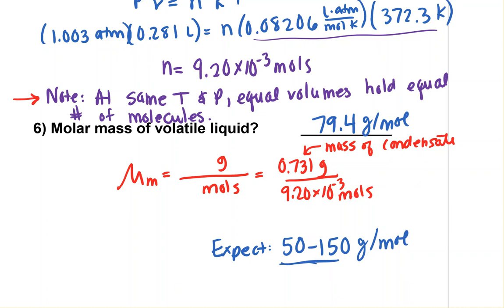This range, it's not just the range of our unknowns, but for something that's going to be a liquid at room temperature but be turning into a gas at 100 degrees C, that's about the size of molecules that might fit into that, because molecular size is involved in determining how much the molecules are attracted to each other, which determines what state of matter they're in. Anyway, that's what you need to know to do your calculations. Have fun.